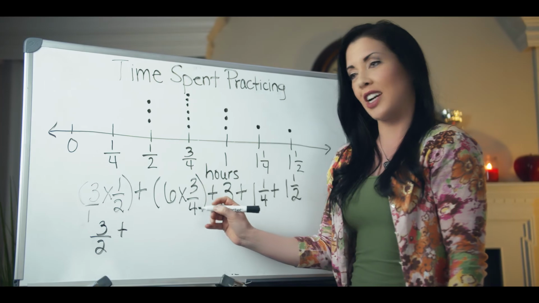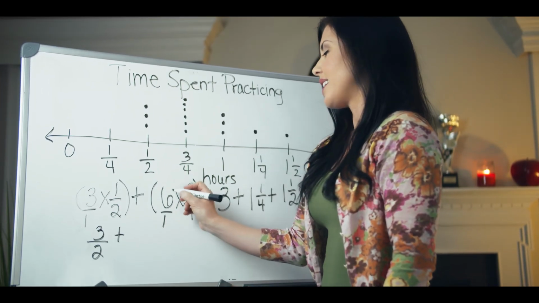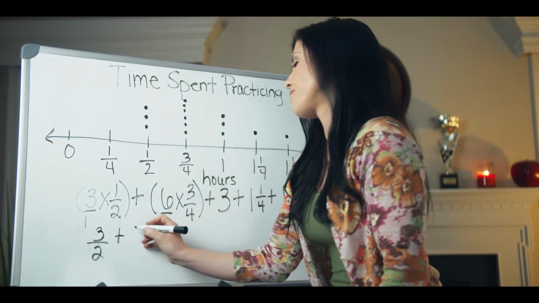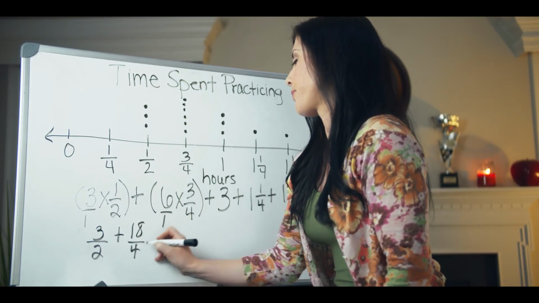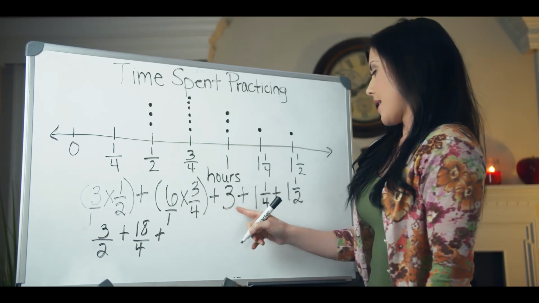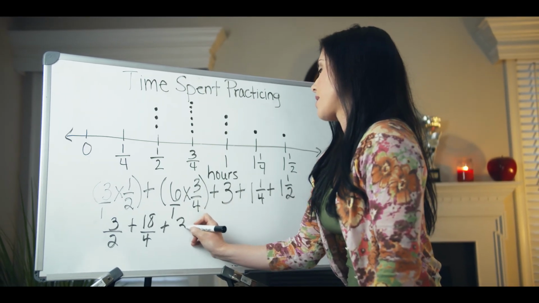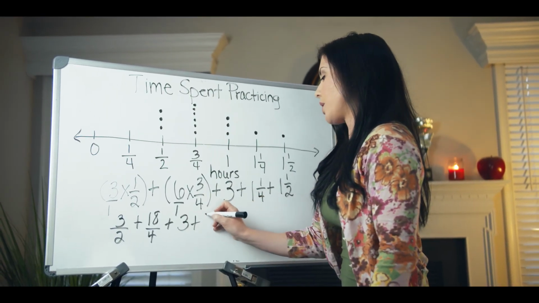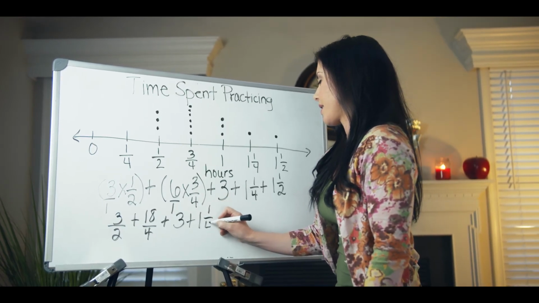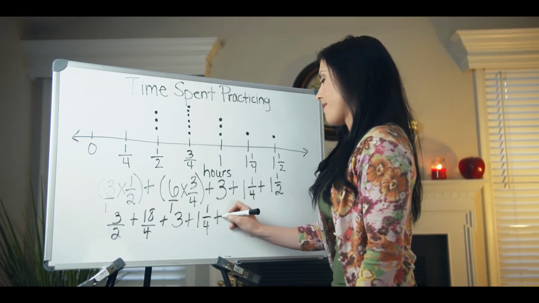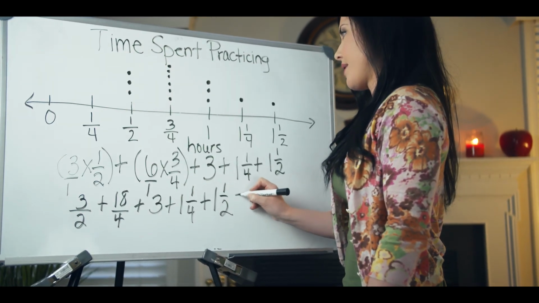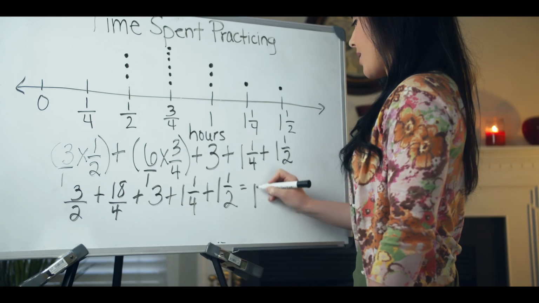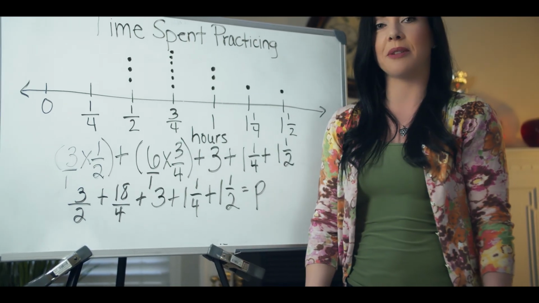Plus, multiply straight across. 6 times 3 is 18. 1 times 4 is 4. Add your 3 plus 1 1/4 plus 1 1/2. Equals, let's say, P for practicing.